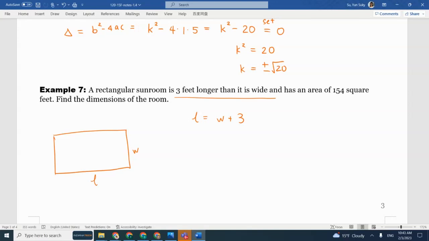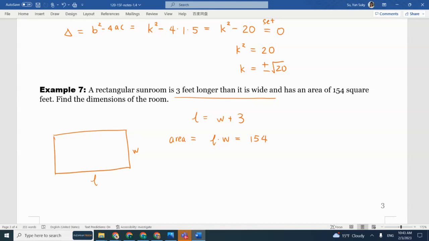And the second part. Area. What is the area of the rectangle? Yeah, length times width. And that equals 154. Alright. Do you see this problem? We have two unknowns and two equations. So it should help us find the solution. We want to reduce the number of variables, right?